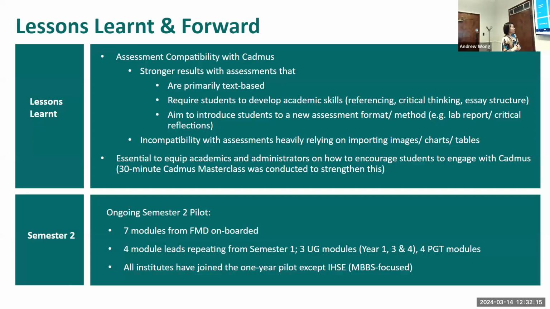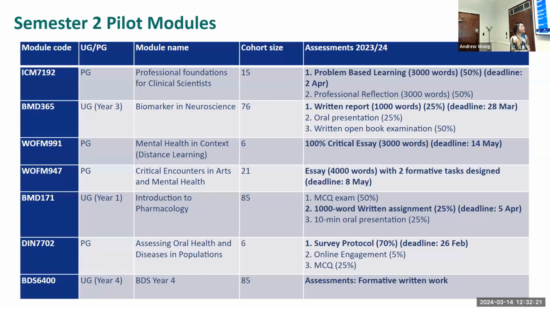So we are moving towards the semester 2 pilot, and this is just from our Faculty of Medicine and Dentistry. As you can see, we are increasing the number of modules, and not just postgraduate, which was predominantly the case in semester 1, but also going into undergraduate, really to improve the NSS score, essentially.